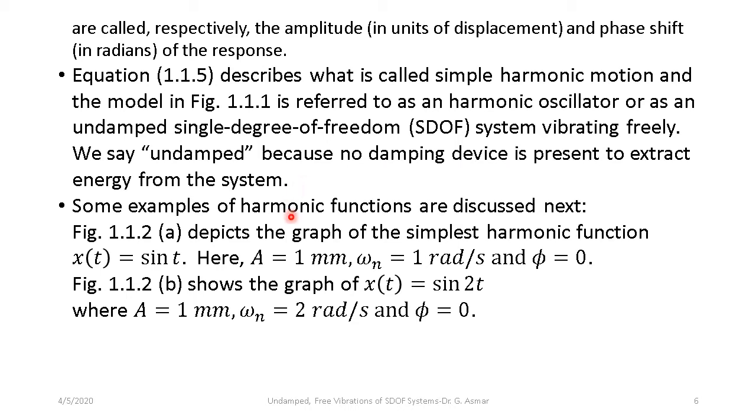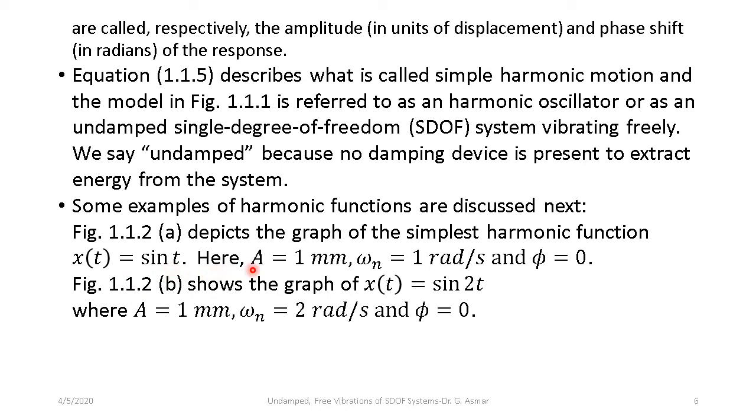Some examples of harmonic functions are discussed next to show you how one function may be formed from the basic harmonic function. Figure 1.1.2a depicts the graph of the simplest harmonic function x equals sine t, or I could have used cosine t.